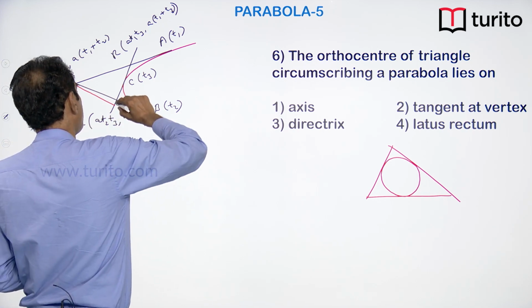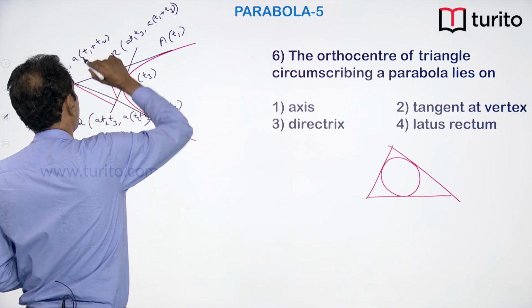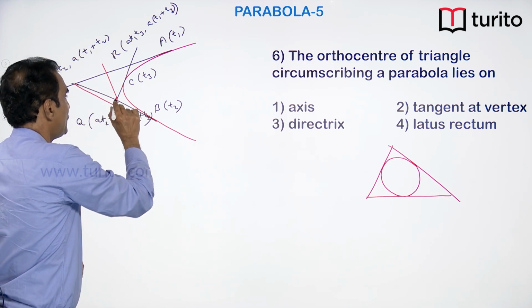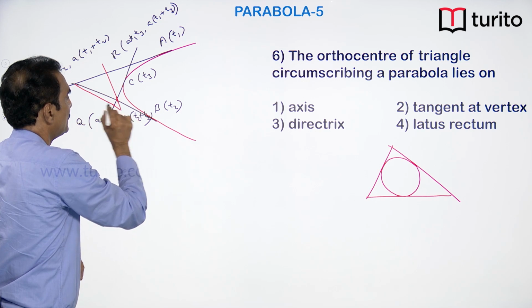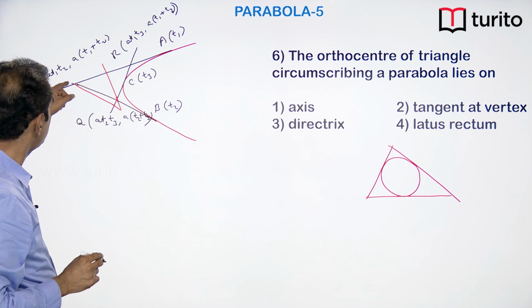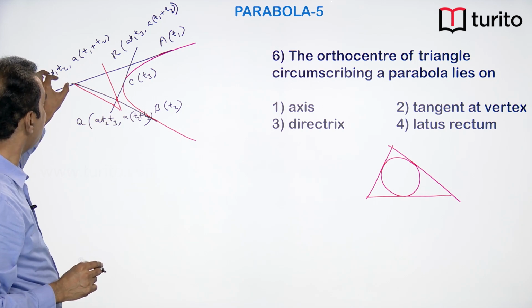Similarly, altitude from Q will be perpendicular to this opposite side, and their point of intersection is orthocenter. Okay. For finding the equation of this altitude, you have a point. What else you need?